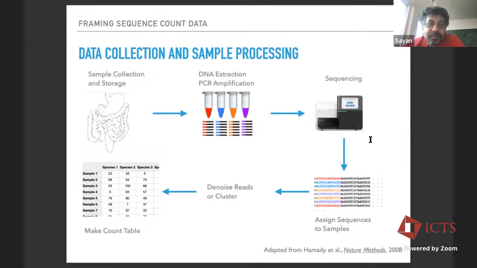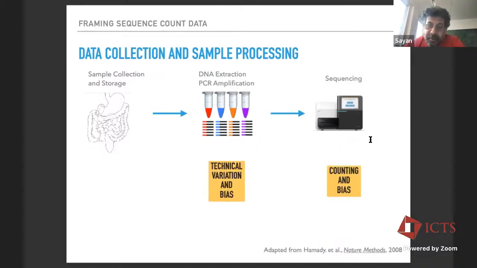Something that I think is really important when we think about modeling is what the model is for data collection and what the model is for sample processing, right? So you collect the data, you sequence the data, you assign sequences to samples, you denoise it, and you make a count table.